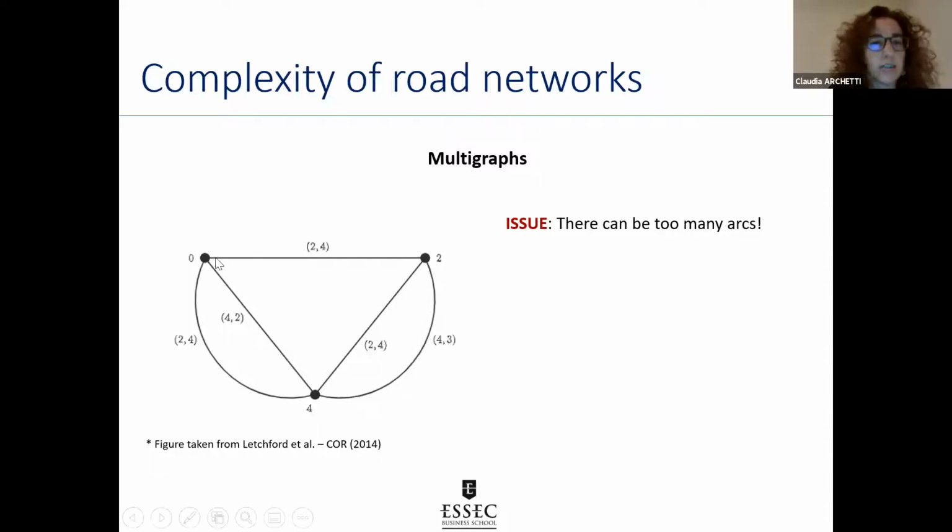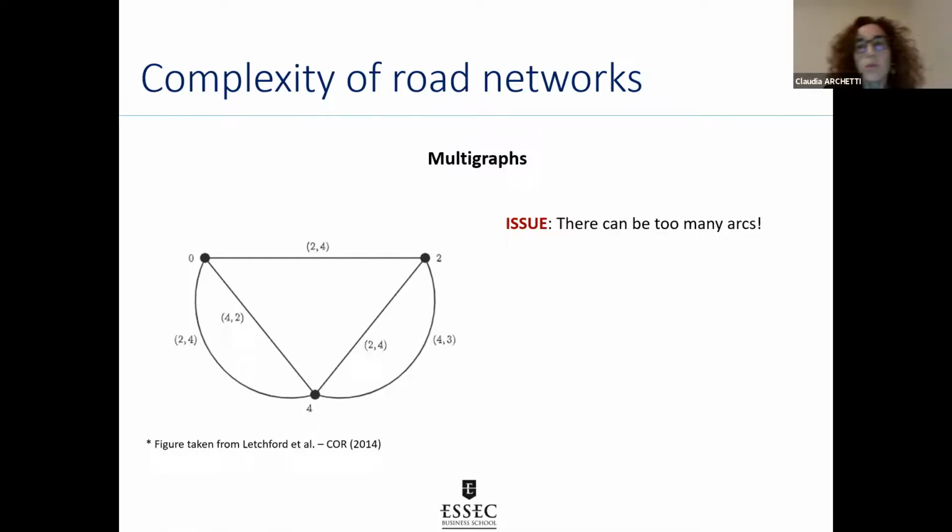For example, here you have vertices 0 and 4, and if we look closely at each edge, we have the 2 attributes linked to the edge. Let's assume that the first is the distance and the second is the time. Then you have both the shortest and the fastest path linking 0 and 4. So you have these 2 paths.